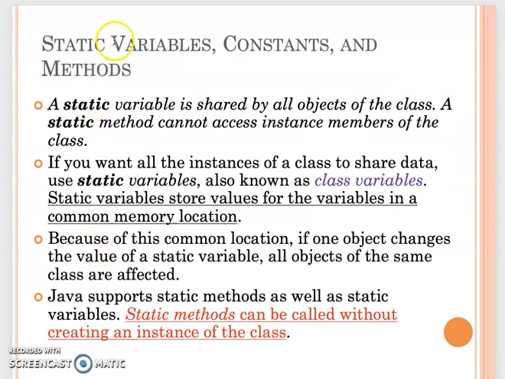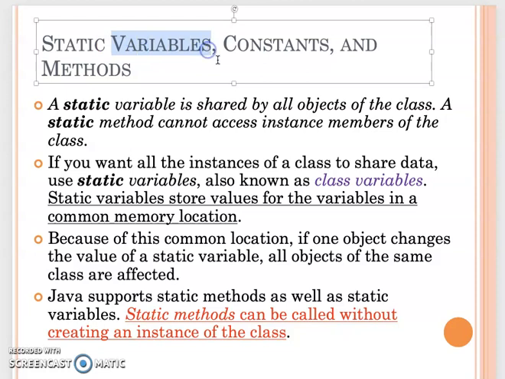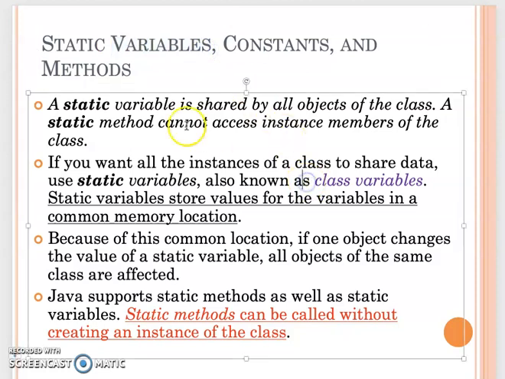Sometimes you have an instance variable that belongs to the object. But sometimes we have a static variable that is actually shared by all objects in the class. So that's why the static variables we are talking about are class variables, not object variables. Sometimes we can say a static variable is shared by all objects of the class, or simply that a static variable belongs to the class.